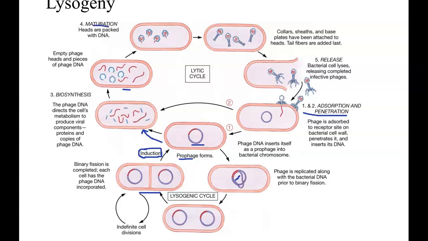Maturation is assembling all of those bacteriophages. And then finally, we've got the release. So now you see the release of these bacteriophages. These bacteriophages can go out and they can infect other cells. So this is taking a look at the lysogenic cycle and then crossing over into the lytic cycle.